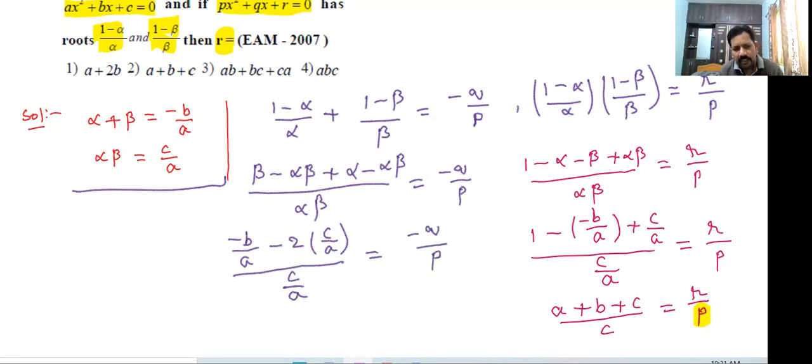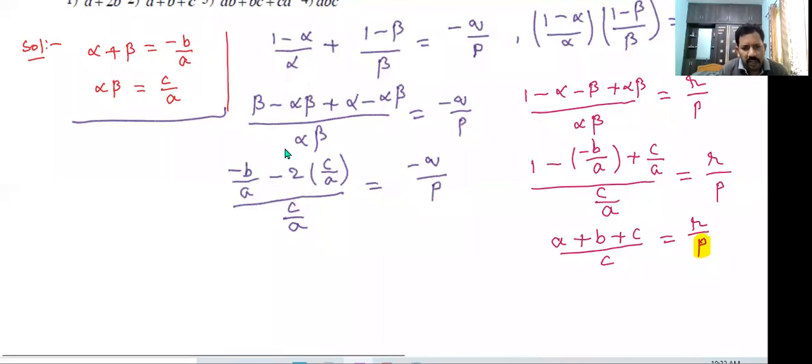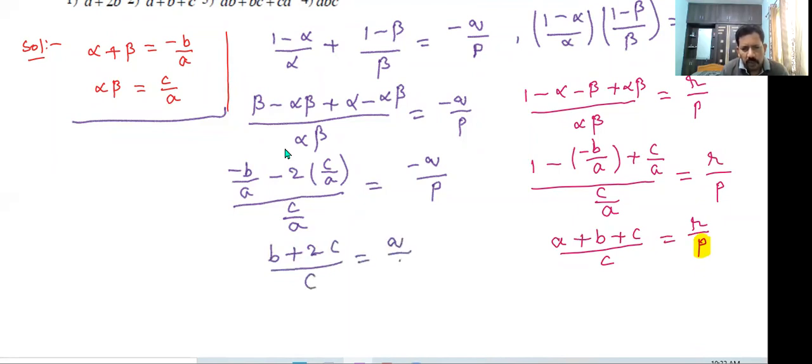On the left hand numerator, take minus common, and on the right side the minus is going to cancel. In both numerator and denominator take the LCM. The LCM is going to cancel. b plus 2c divided by c, that is equal to q by p.